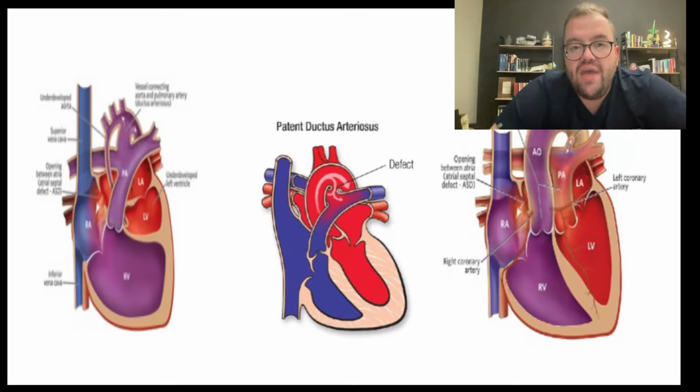Now, the only way that one can survive in this case is because one has to have a PDA. So this is a circulation that we would describe as duct dependent. Because if you imagine that we had a heart, okay, whereby there is an issue where no blood can get out of this heart. Now, what are those scenarios? Tricuspid atresia, number one.